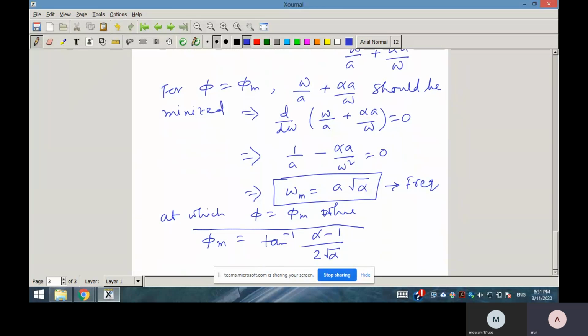This is the maximum phase lead that can be provided by the phase lead controller.